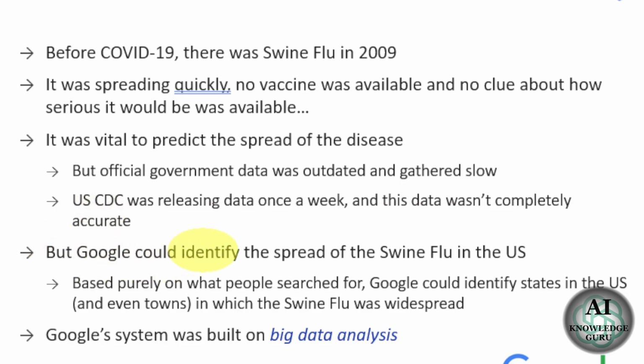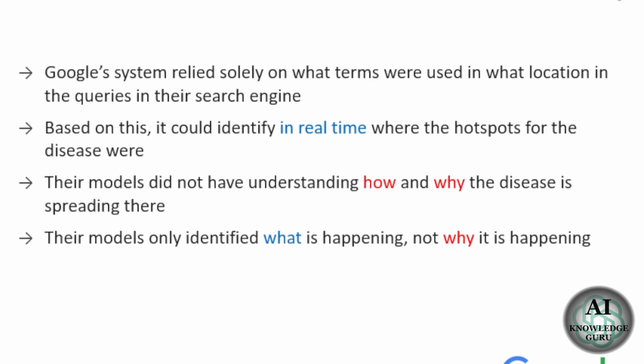But Google could identify the spread of swine flu in the US. Based purely on what people search for, Google could identify states in the US in which the swine flu was widespread. Google's system was built on big data analysis.